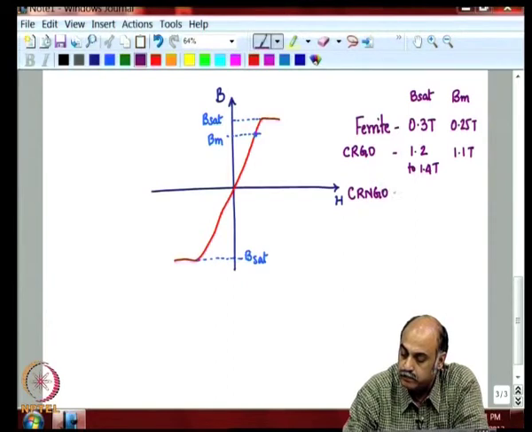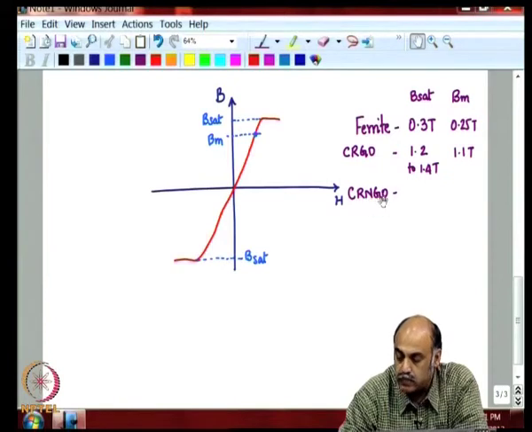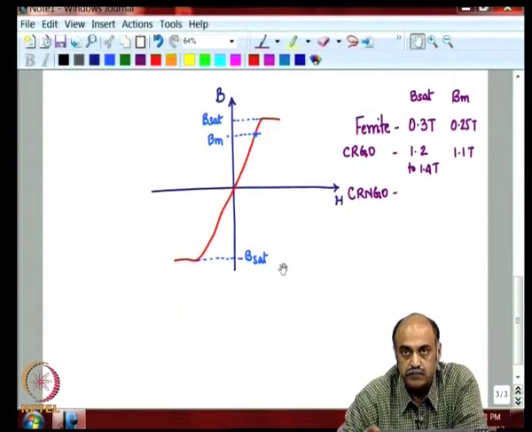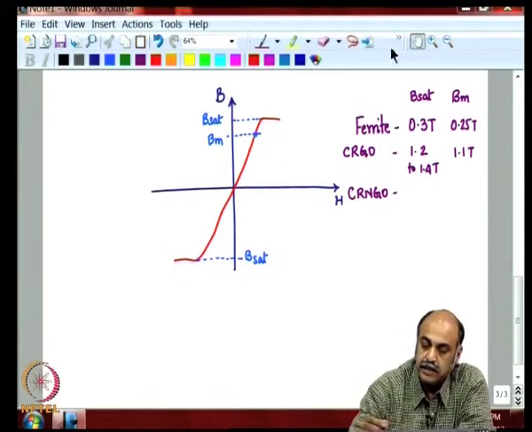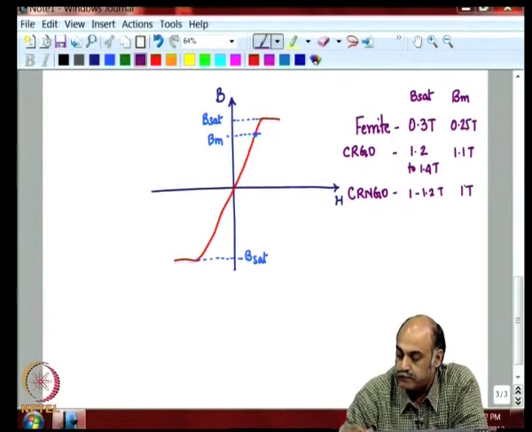CRNGO is cold rolled non-grain oriented silicon steel, which is normally used for motors where the flux fields are radial in nature, and this has 1 to 1.2 Tesla as the B_sat. So, around 1 Tesla.